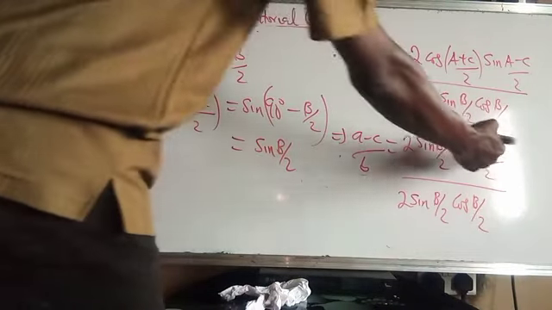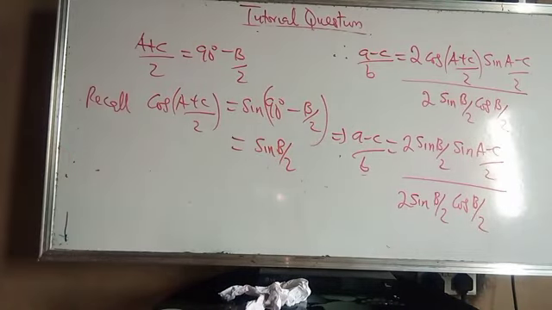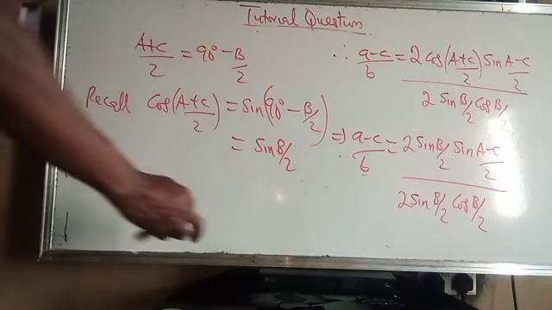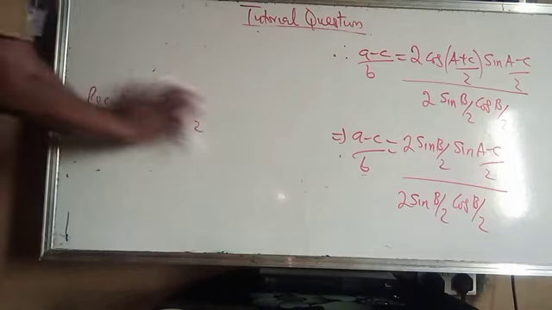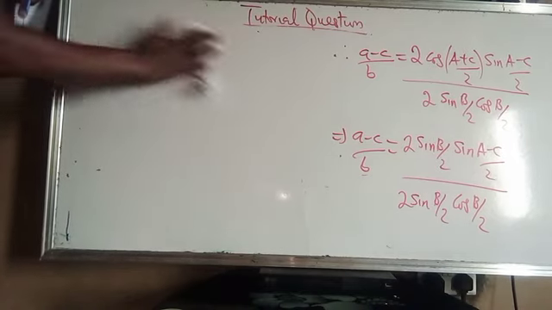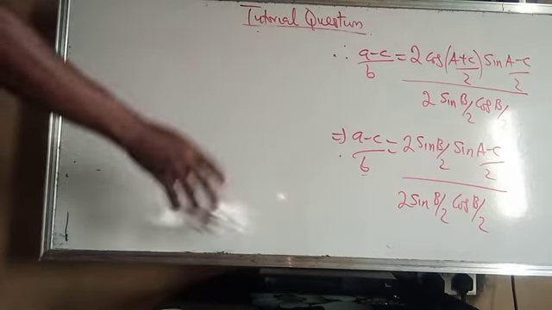Note, we didn't change (A minus C) all over 2 because it's part of what we are expected to retain in the proof. So we don't need to look for the equivalence of (A minus C) all over 2. We have to retain that.